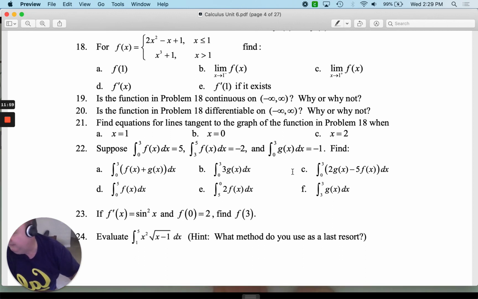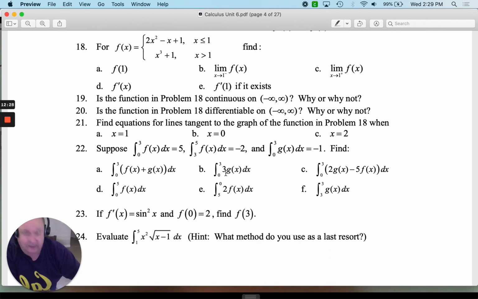Part B. When you have a 3, that 3 can actually be in front of the integral. So for this one, what is it from 0 to 3 of g of x? Negative 1. And just multiply it times 3. So that's why it's negative 3.